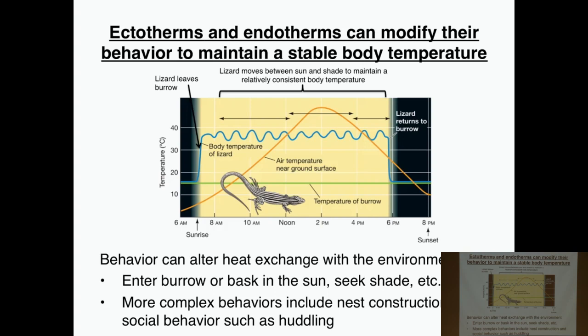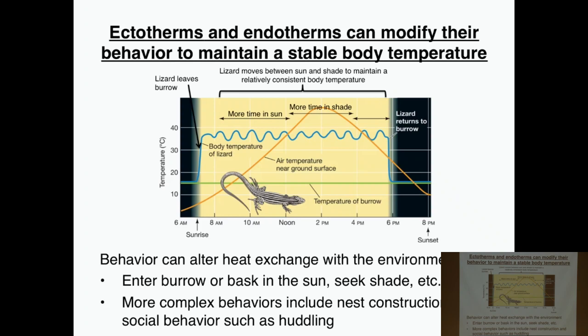Early on in the day, when the environmental temperature is lower but the sun is out, it'll spend more time in the sun, so it's taking in that infrared radiation. When the environmental temperature is higher than what the lizard wants to maintain as its set point, it's going to spend more time in the shade to reduce the amount of infrared radiation that it takes in.